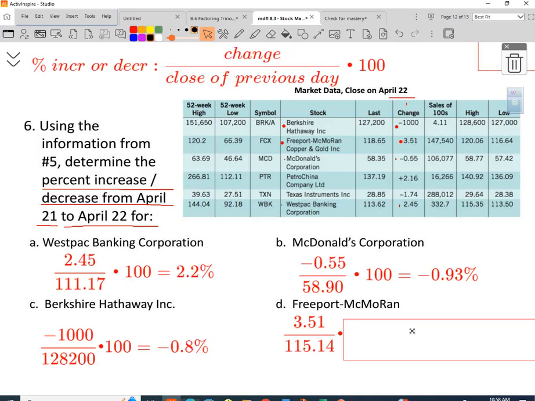That is our denominator, times 100. So change divided by previous day's close, times 100, and you should get 3%. That is rounded, but there's 3 or 4 zeros there.